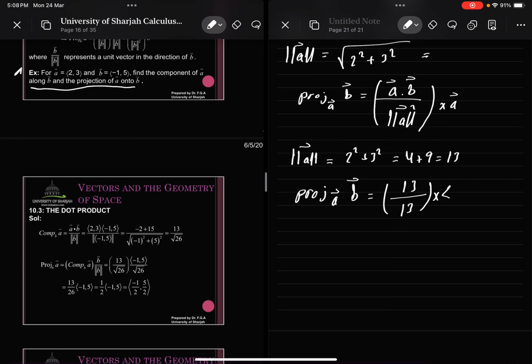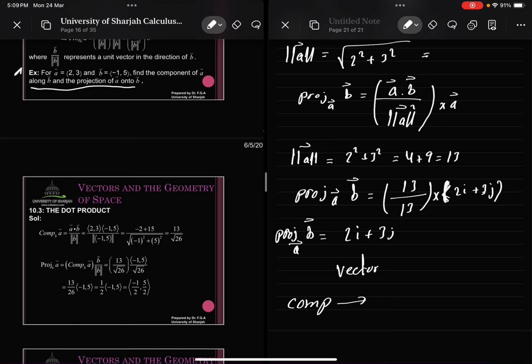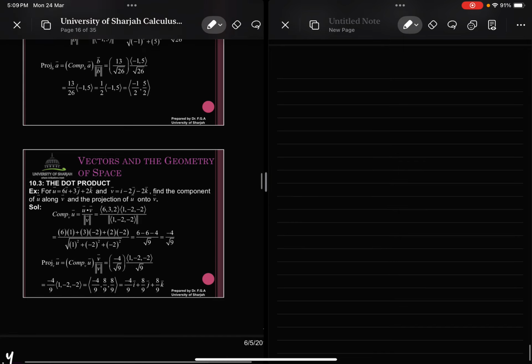So projection, the answer is a vector. The component answer is a scalar, which is a number. Let us move.